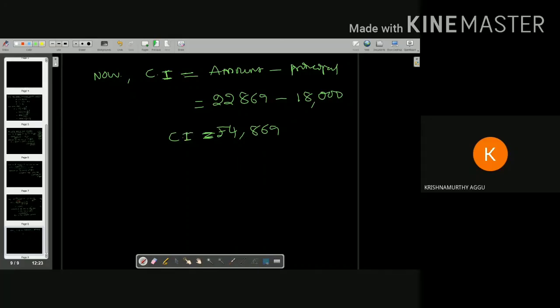Otherwise, directly by using the formula A is equal to P into 1 plus R by 100 all to the power of N also we can get the answer. Let me revise the concept at once.